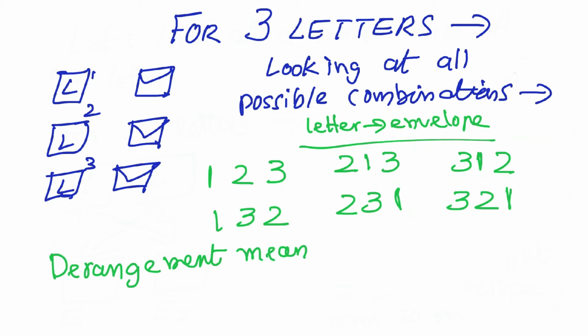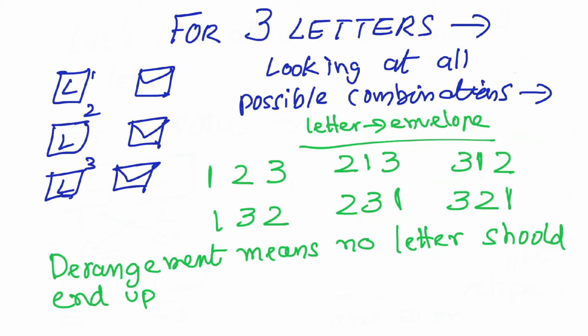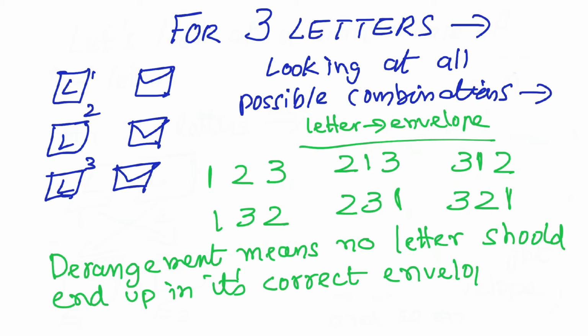Now, we can see that there are 6 ways in which the letters can be kept in the respective envelopes, and it can be easily seen that in all these 6 cases, only in 2 cases there is true derangement. True derangement in the sense that all the letters end up in the wrong envelope. For example, if you take 1, 3, 2, it's not a case of derangement because the first letter is going to the first envelope.